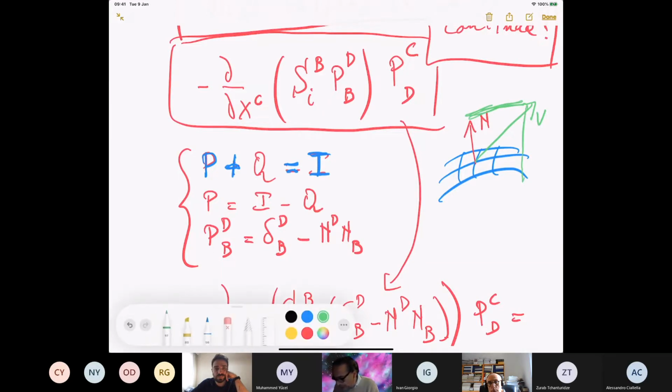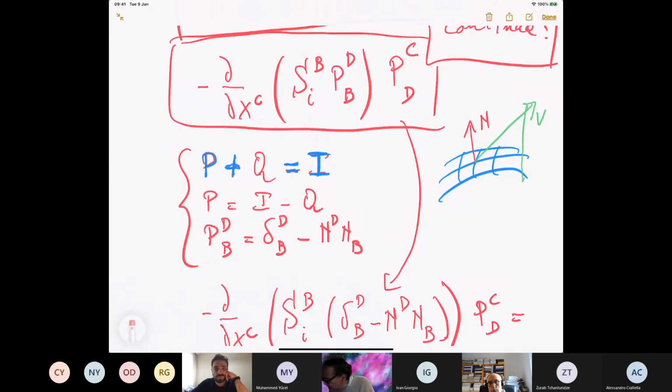Along, okay, this drawing is without perspective, so I will try to do it in a better way. So we have this component here.